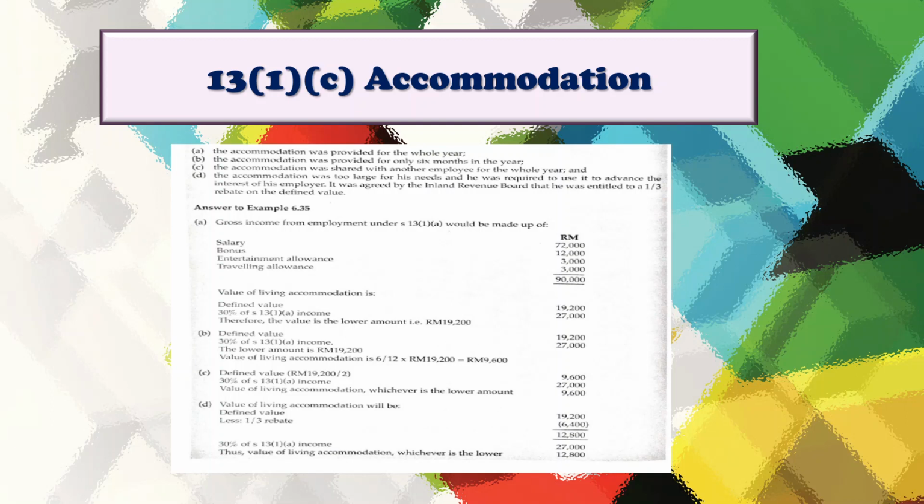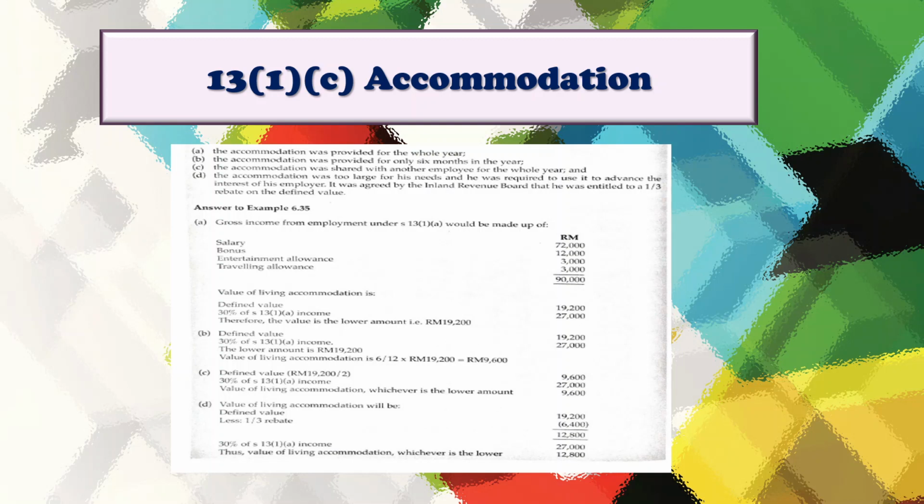Sometimes you have to be careful here. For C, it refers to when you share, staying in the house on a sharing basis, so you will be taxed only on your shared portion. And lastly, you might also share, but with the employment. Again, these are the bases that you need to determine. So that is for 13(1)(c).